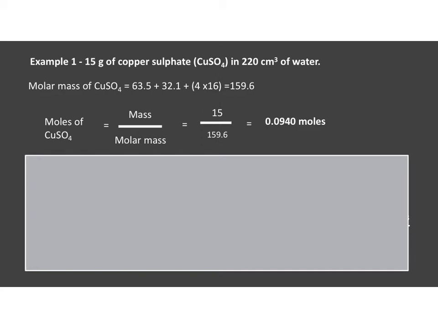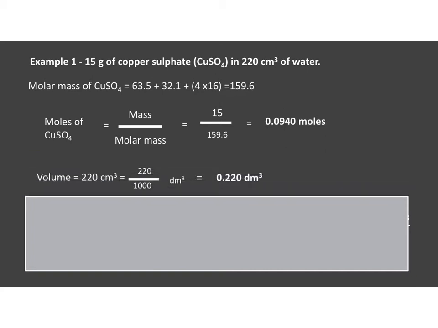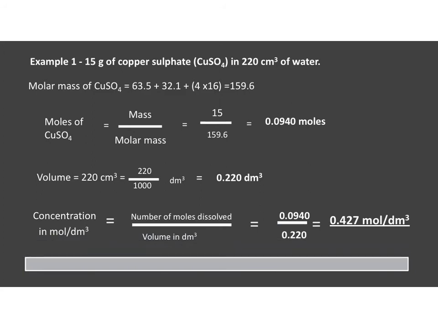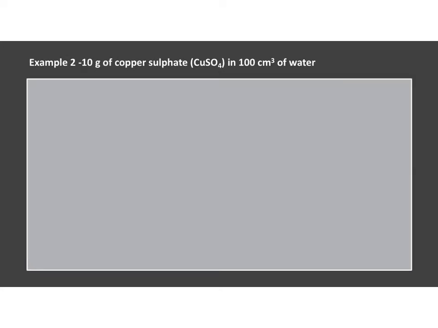Next we need to convert those 220 centimeters cubed into decimeters cubed, and to do that we divide by 1,000, and that gives us 0.220 decimeters cubed of solution. And then we can use our equation of concentration is moles dissolved divided by our volume of solution, and that gives us 0.427 moles per decimeter cubed.